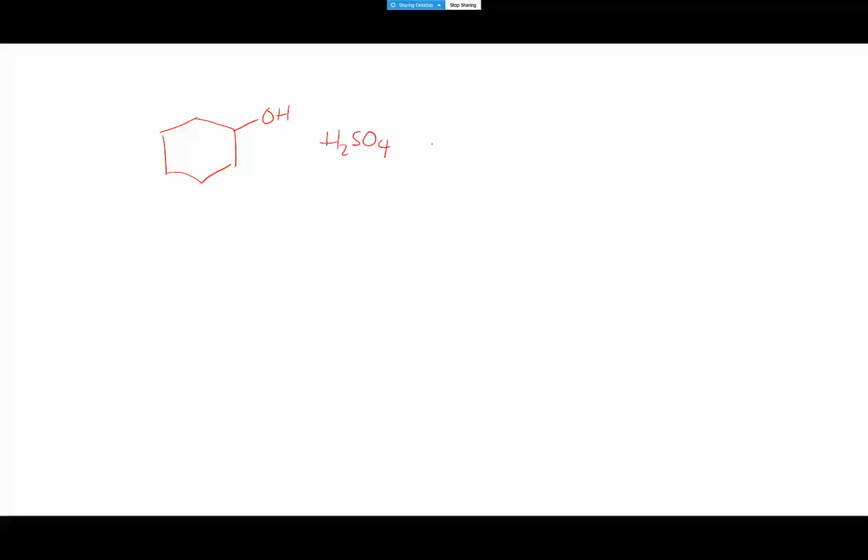If I did this reaction with H2SO4, now I still have a source of H plus, but now my SO4 minus, my conjugate base of this strong acid, is a non-nucleophile. And then I think I remember saying, well, why is it a non-nucleophile?